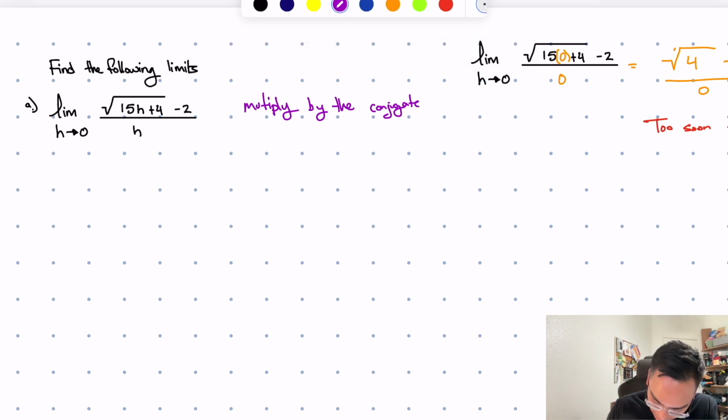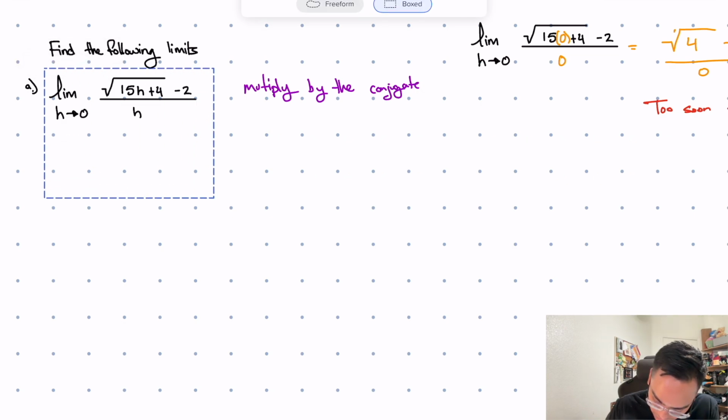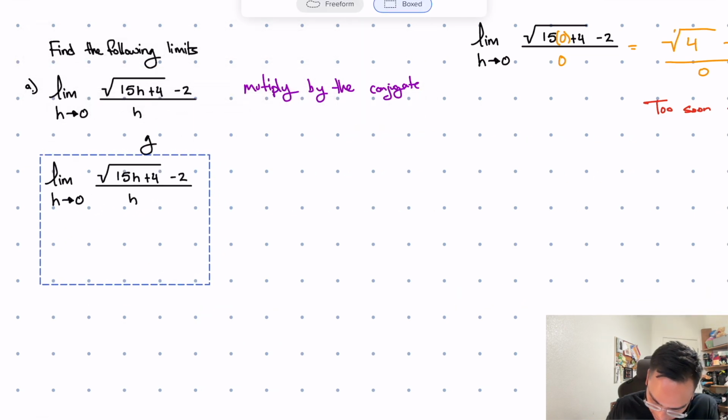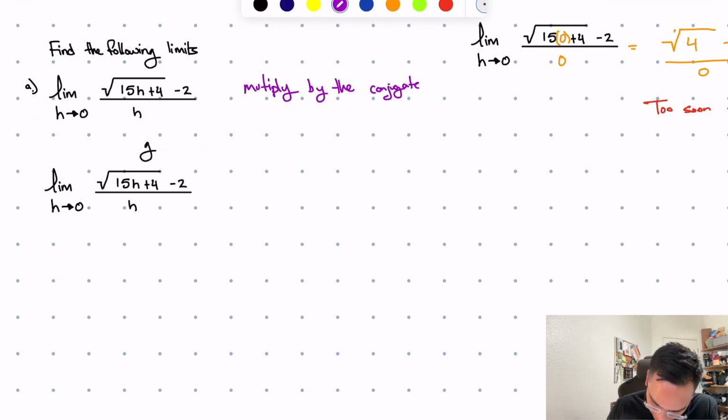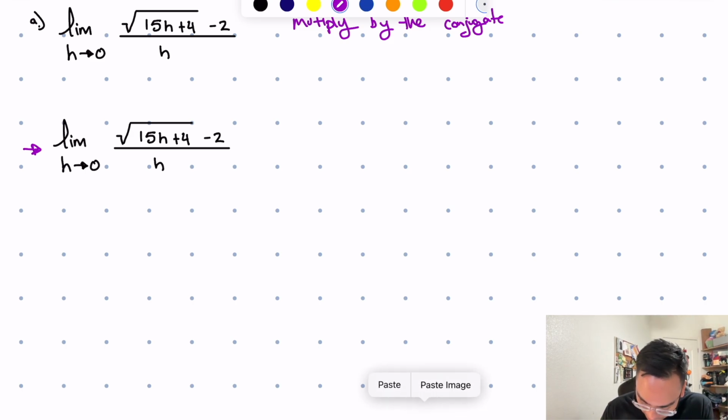So what that means is if we take this equation right over here, the limit of h as h approaches 0, and the entire fraction, when you multiply by the conjugate, you remember you're going to keep everything the same.